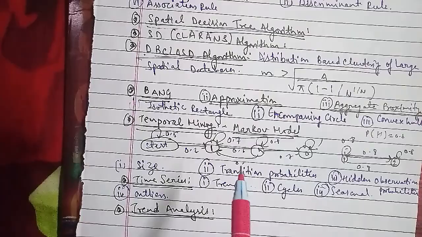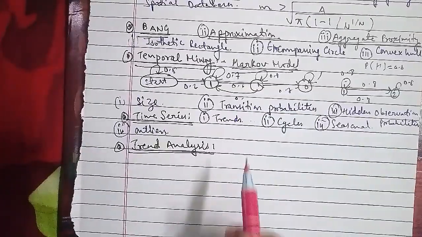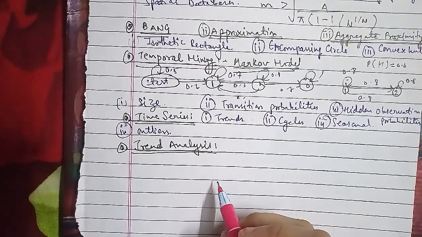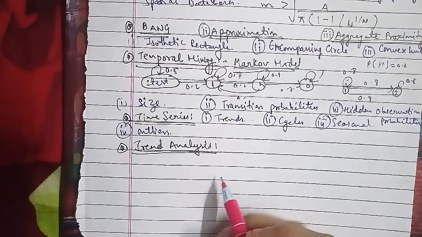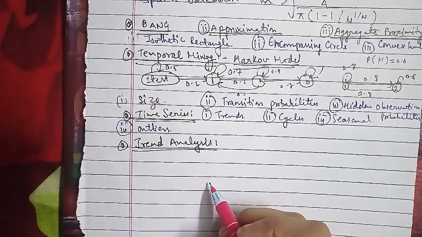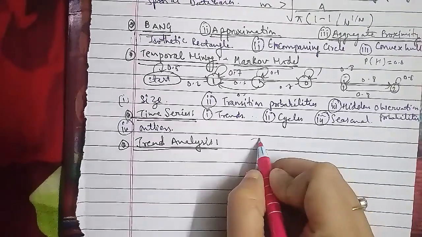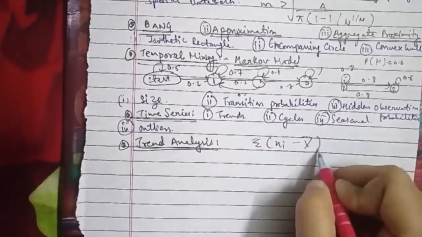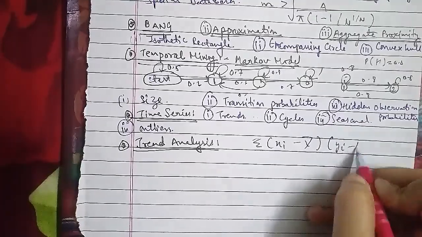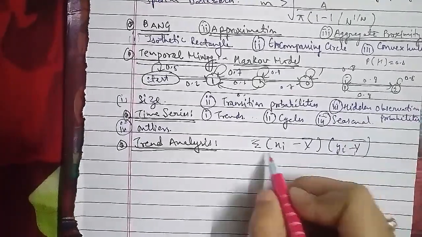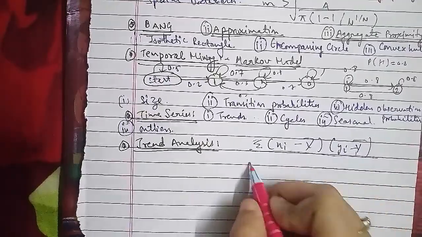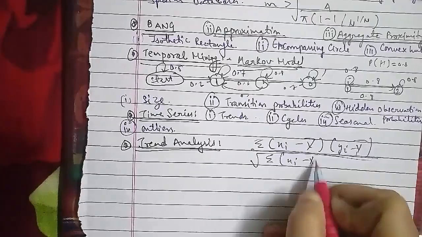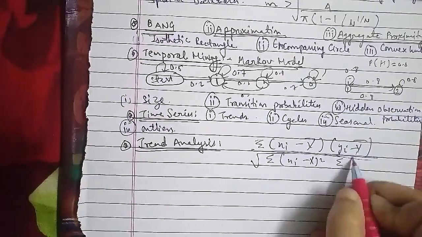Given two time series x and y with means x bar and y bar, and each with n elements, the formula for r is the sum of xi minus x bar times yi minus y bar, upon the square root of the sum of xi minus x bar squared times the sum of yi minus y bar squared.